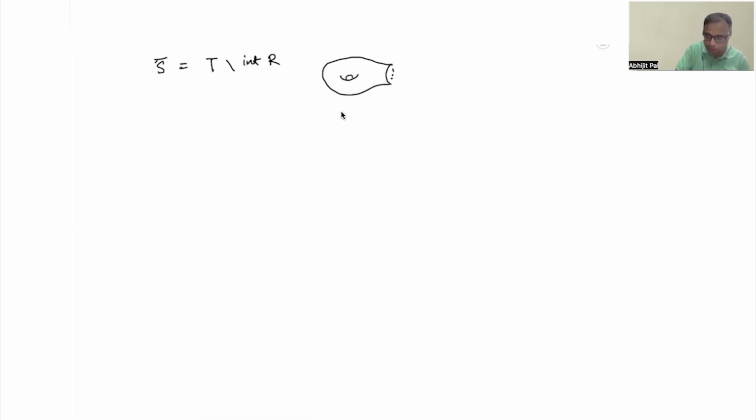This is called the boundary of the torus, and this whole kind of thing is called genus. So this S bar is a genus one surface with one boundary component.